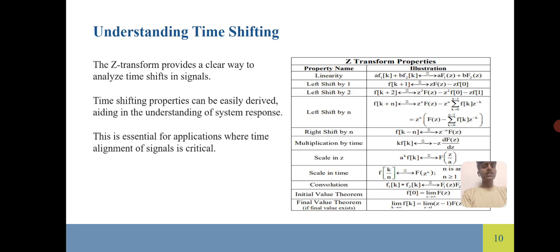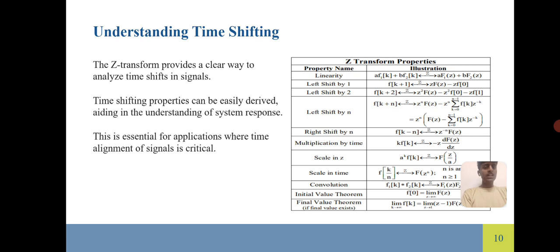So understanding time shifting. The Z transform provides a clear way to analyze time shifts in signals. Time shifting properties can be easily determined, aiding in the understanding of the system's response.